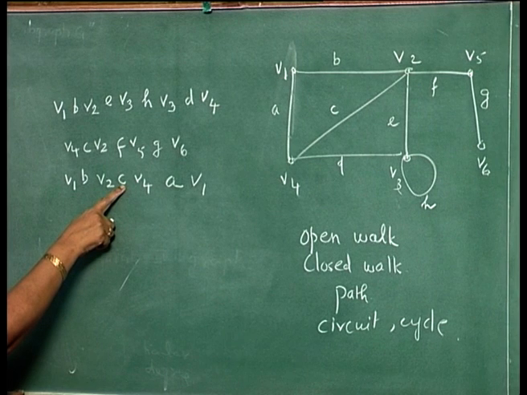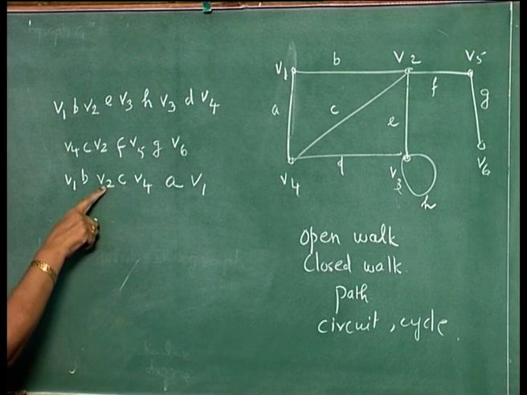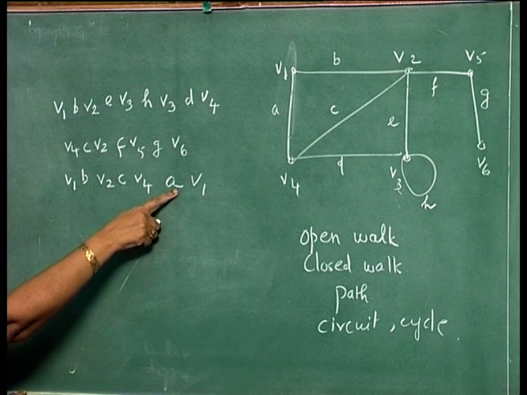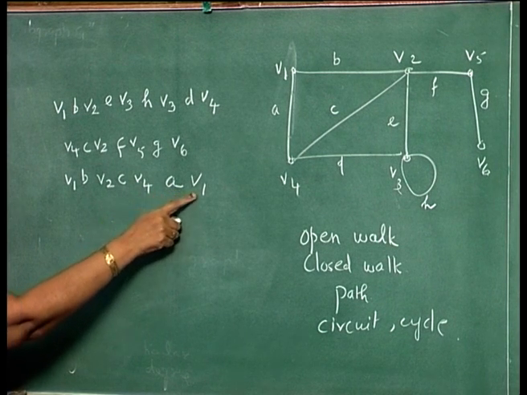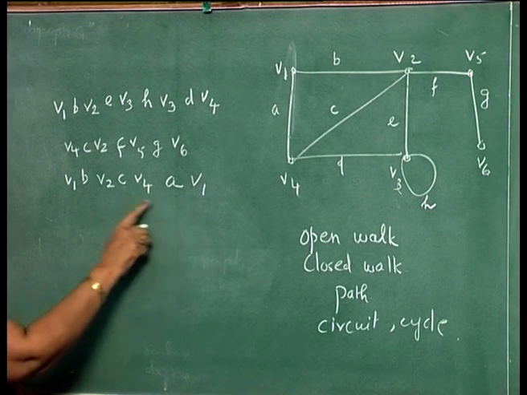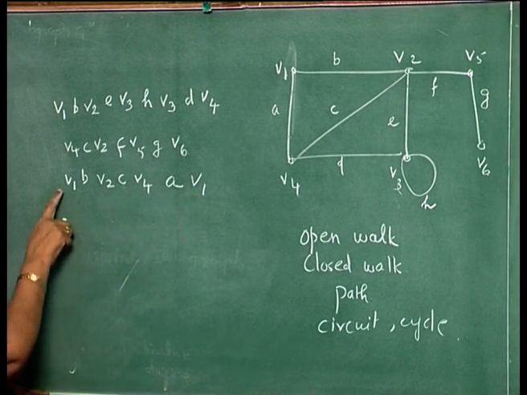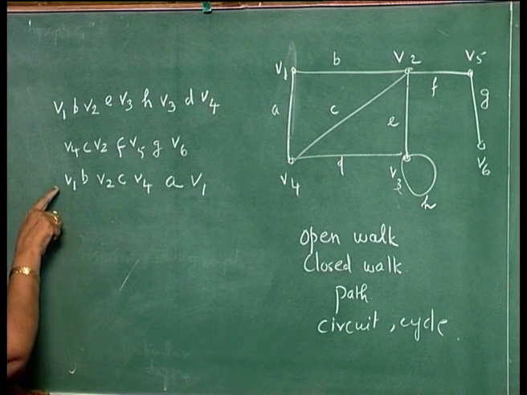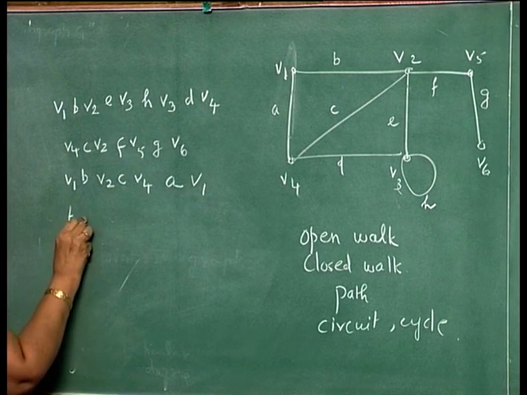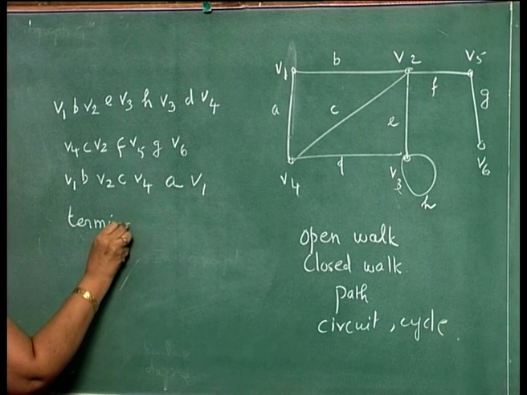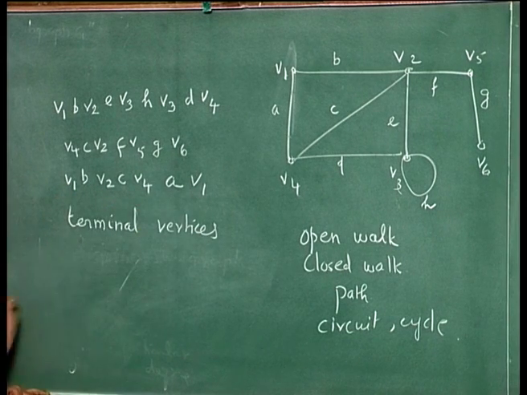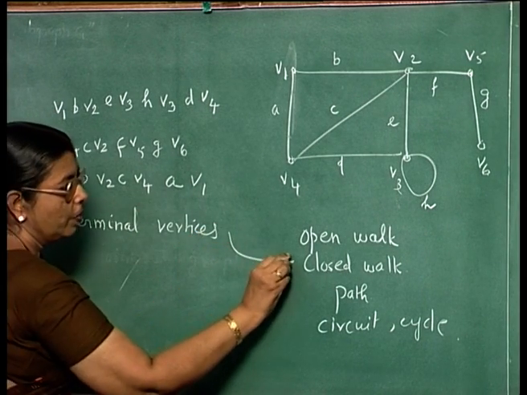Every edge is incident on the vertex preceding it and following it. C is incident on V2 and V4, A is incident on V4 and V1. This is called a closed walk because the beginning is V1 and the ending is also V1. The beginning vertex and the ending vertex are called terminal vertices, and if they happen to be the same, then it is called a closed walk.